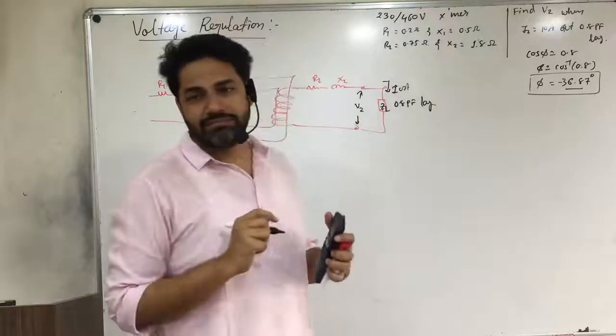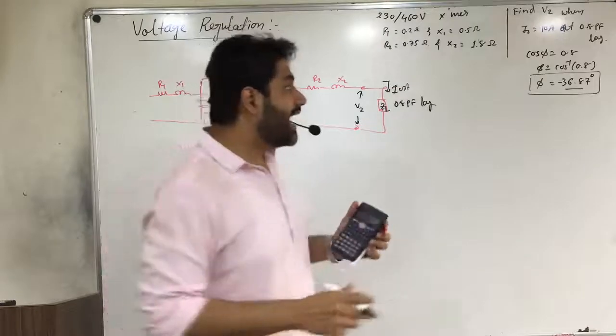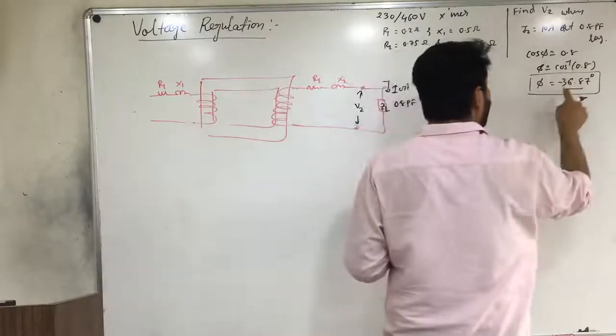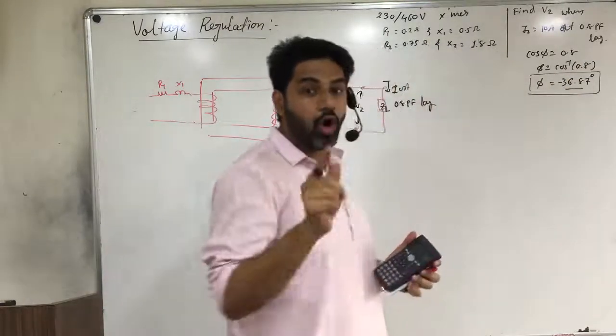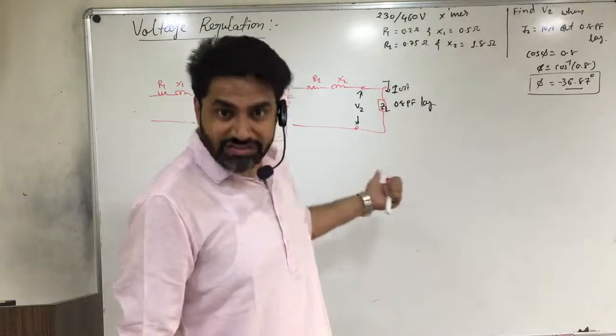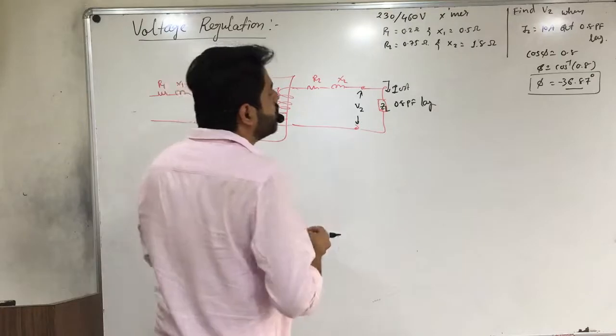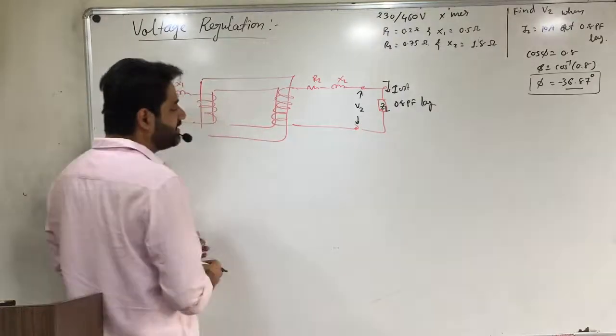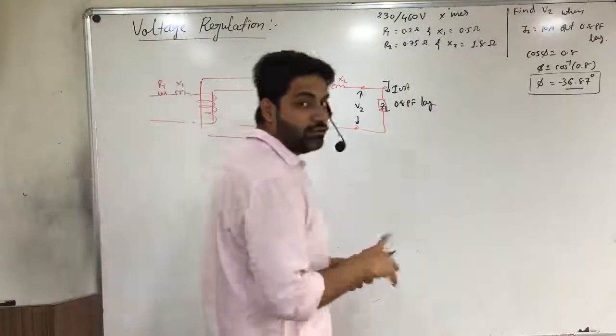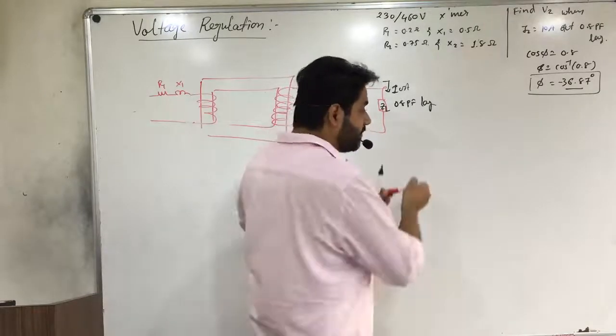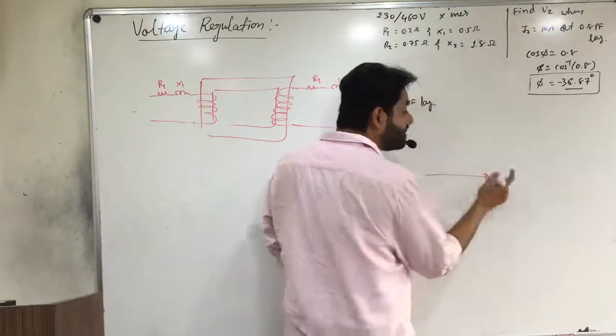This is where the difficulty comes. People cannot understand this. Lagging is given to me, and that's why my angle of current would be negative. I have taught you just now in the previous theory how exactly it becomes negative. Now visualize the vector diagram simultaneously. We have some V2 voltage that I'm supposed to calculate.